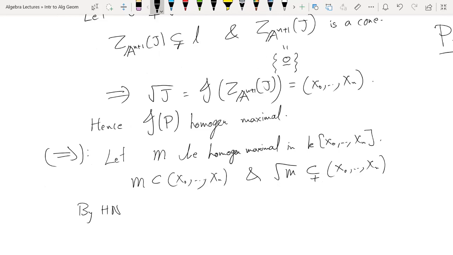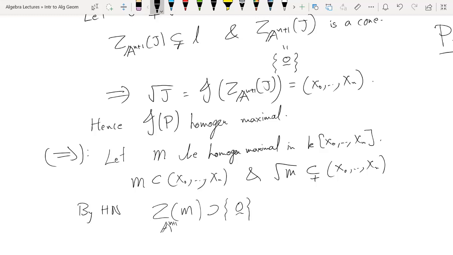So by Hilbert Nullstellensatz, what we get is that the zero set of M in A^(n+1) contains the origin. Since the radical of M is properly contained in this, it contains the origin strictly. So there is something more than the origin in there.